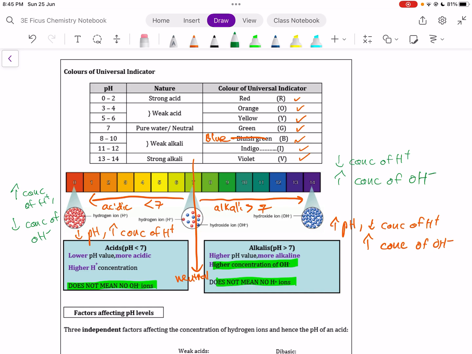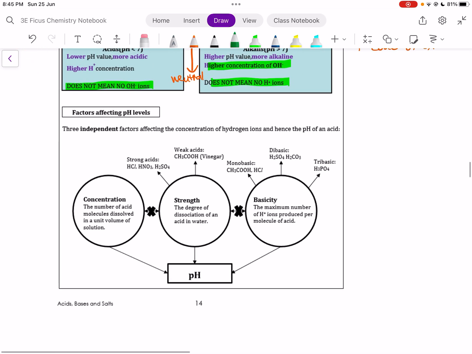Alright, this one is once again a recap of how the 3 different factors, concentration, strength, as well as basicity, affect pH. All of them affect the concentration of H plus, which in turn affects the pH. You must be able to link all this.